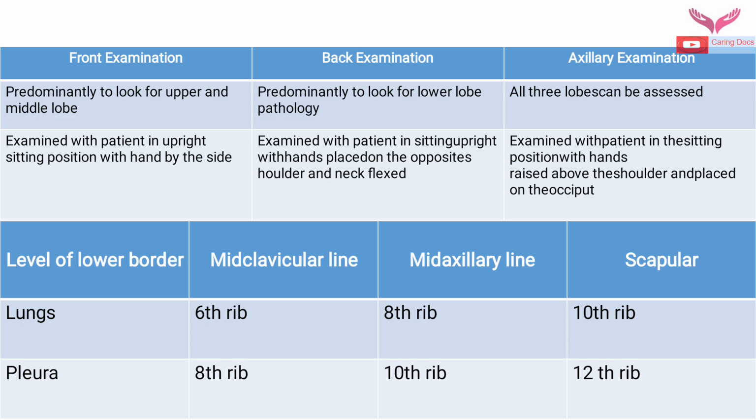Just remember sixth, eighth, and tenth for the lungs. For the pleura, the lower border is the eighth rib in the midclavicular line, tenth rib in the mid axillary line, and twelfth rib in the scapular area: eighth, tenth, and twelfth.